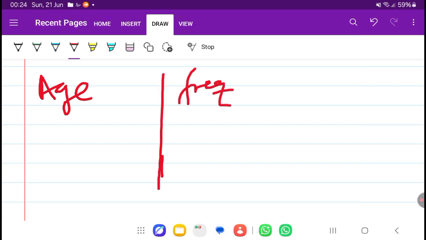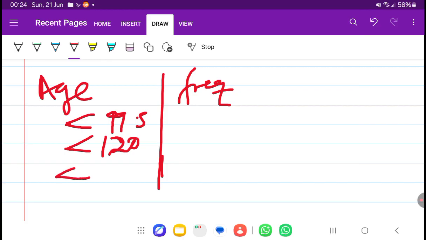You may see values that start with less than 99.5, maybe less than 120.